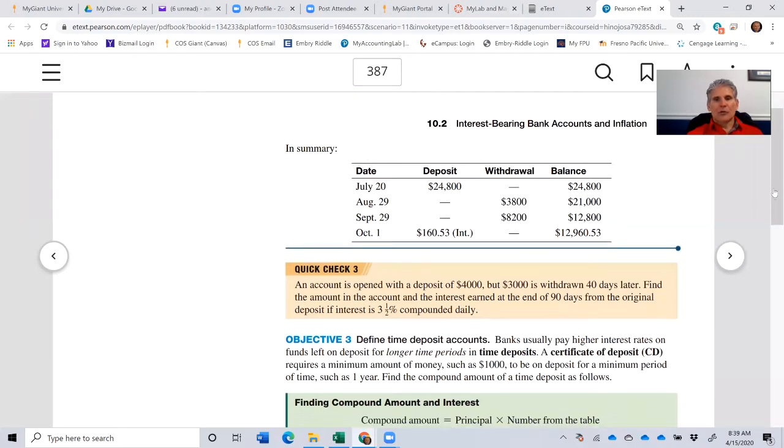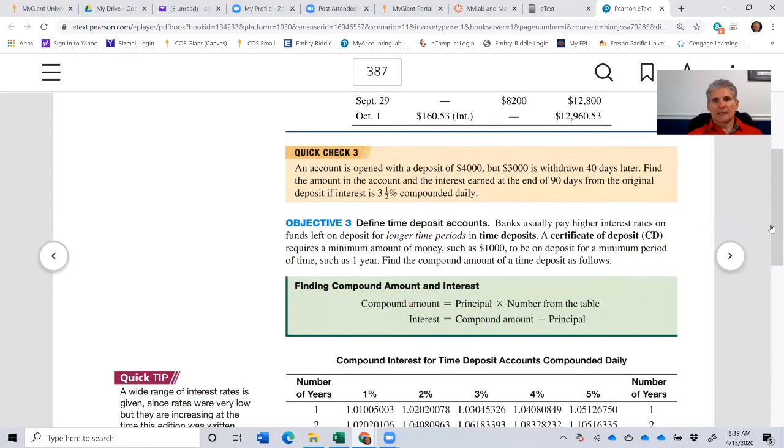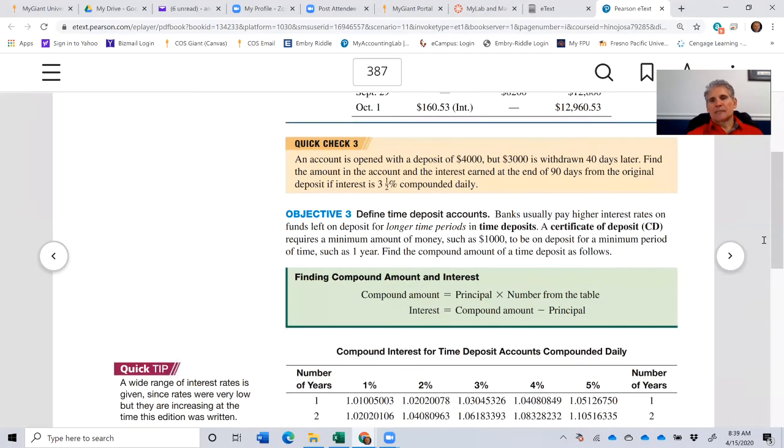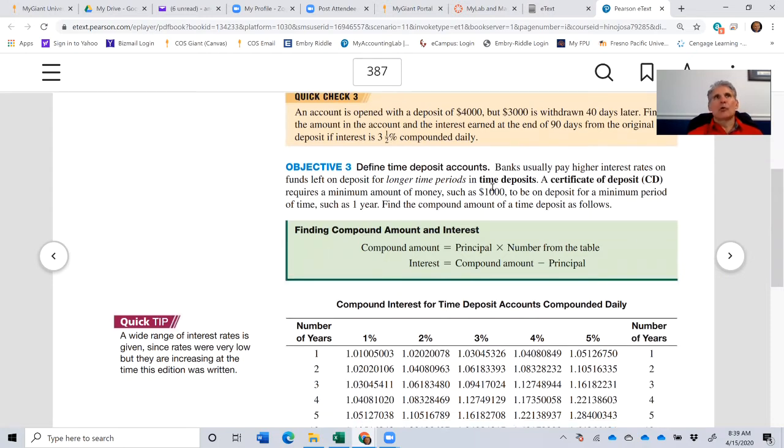The next page, we go on to look at time deposits. Often, time deposits are really a deposit that's made that you are locked in for a given number of days. And when I say locked in, that doesn't mean you can't take the money out. But if you do take it out before the time period expires, it's almost like a promise.